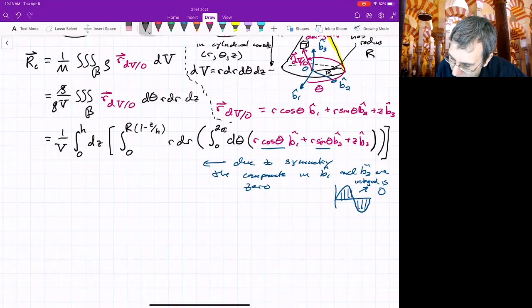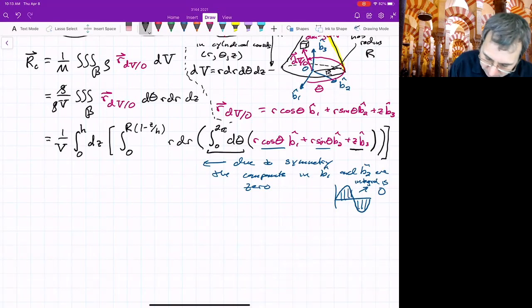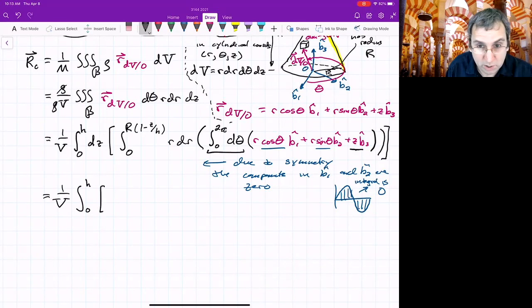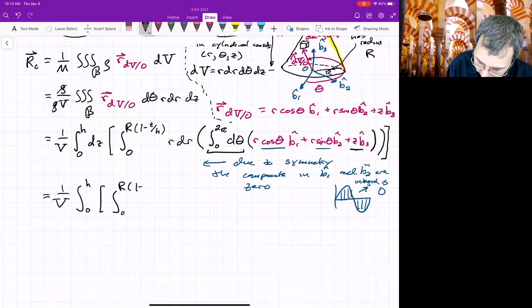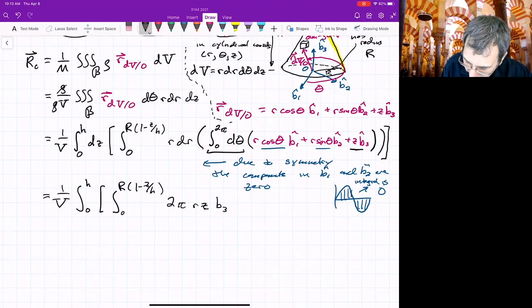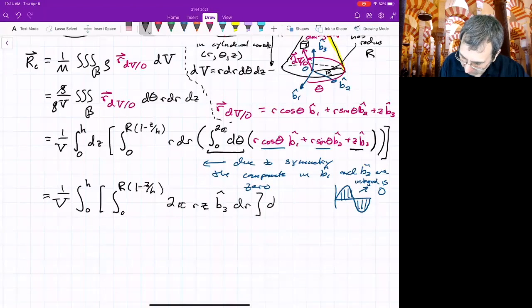If you integrate, this doesn't have any dependence on theta. So you integrate 0 to 2 pi of d theta, and you just pick up a 2 pi. So this will be 1 over the volume, integral 0 to h, square bracket, 0 to capital R times 1 minus z over h, 2 pi r z in the B3 direction, dr, dz.